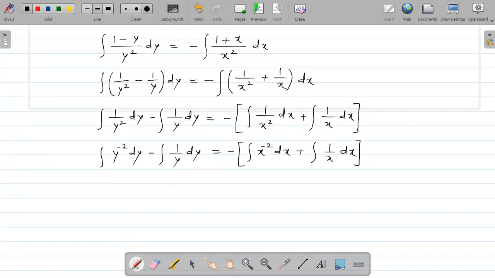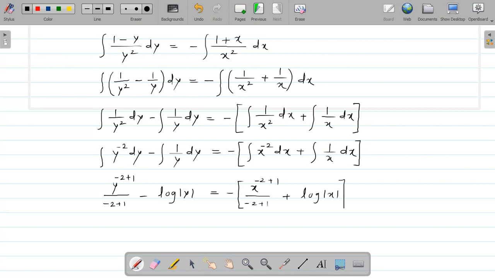So take the actual integration. The integration of y^(−2) is y^(−2+1)/(−2+1), minus the integration of 1/y is log|y|, is equal to minus, and in bracket the integration of x^(−2) will be x^(−2+1)/(−2+1) plus the integration of 1/x will be log|x|. So integration is completed.